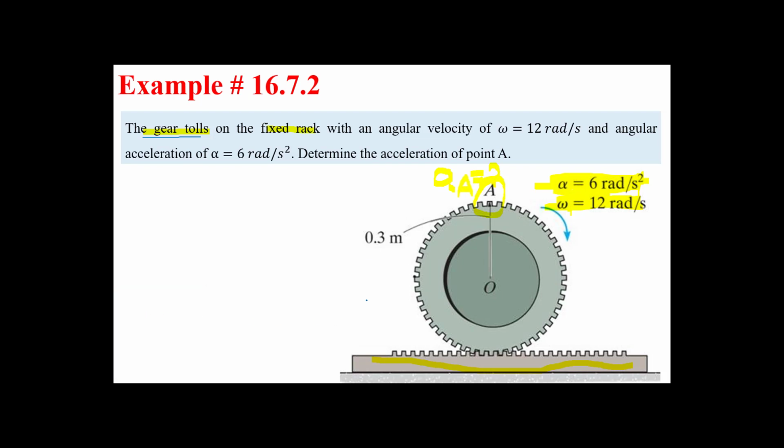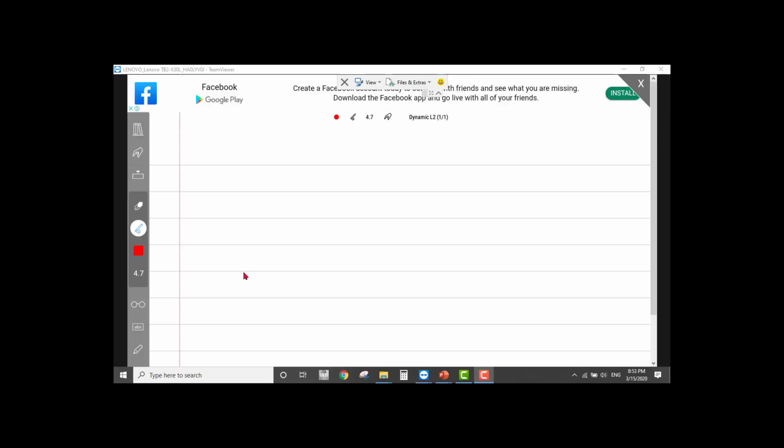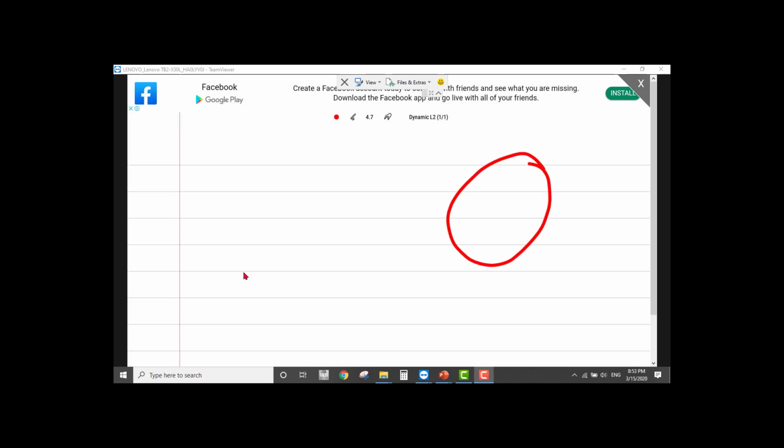Okay, how to solve? Let's see if we have an answer. Yes, we have an answer. Here is the gear, and at the middle we have point O, and on the rim here we have point A. Imagine this is circular, sorry for the bad drawing. And here we have omega as well as alpha.